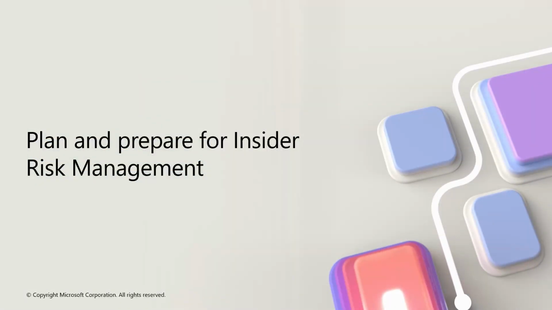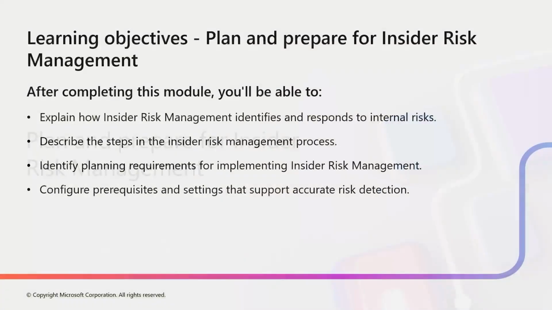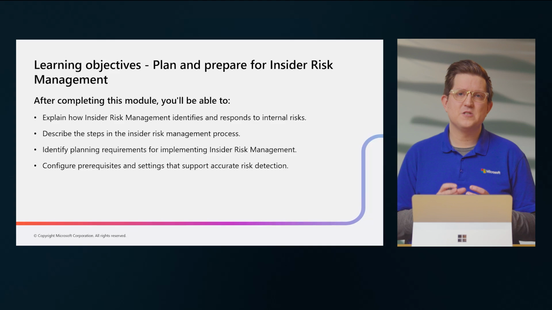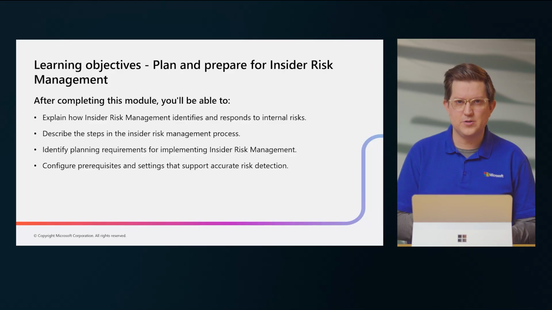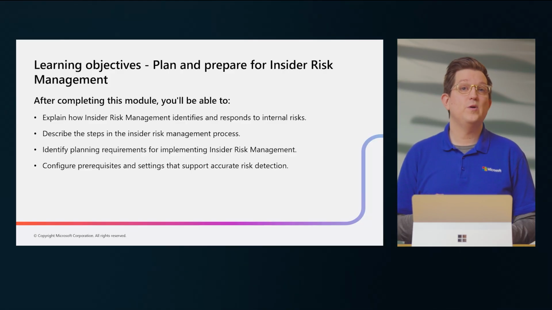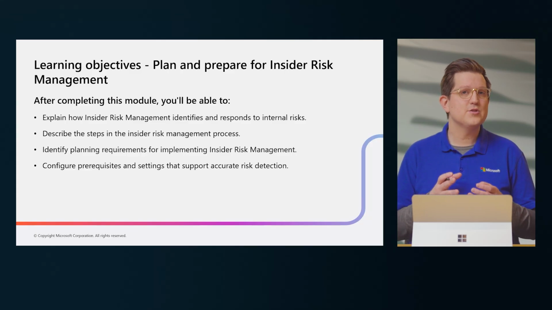Now, when you look to roll out insider risk management in your organization, there are some really critical things you need to think about in the planning stage. Much of the planning phase of insider risk management rollout actually is about understanding what it is we are looking to actually identify and respond to. The internal risks we're looking to work with here are varied, but they are scoped.